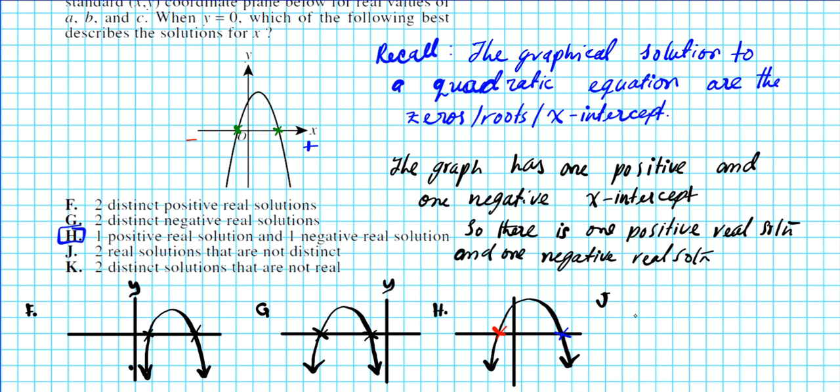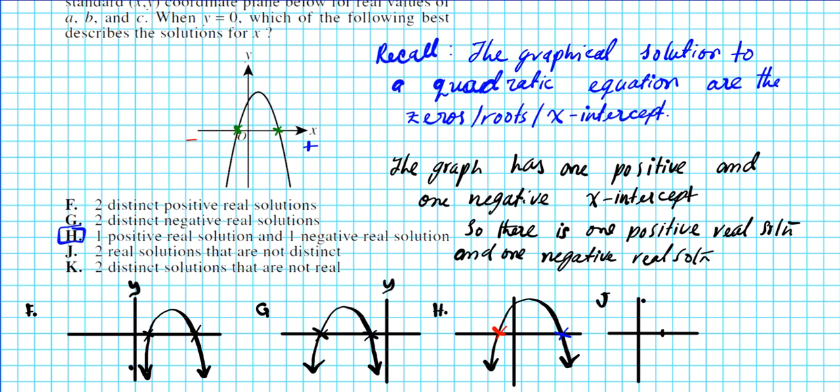So if you have two non-distinct real solutions, it could be located anywhere, but the bottom line is you're just going to touch the x-axis once, and you are going to go back in the direction you came from.